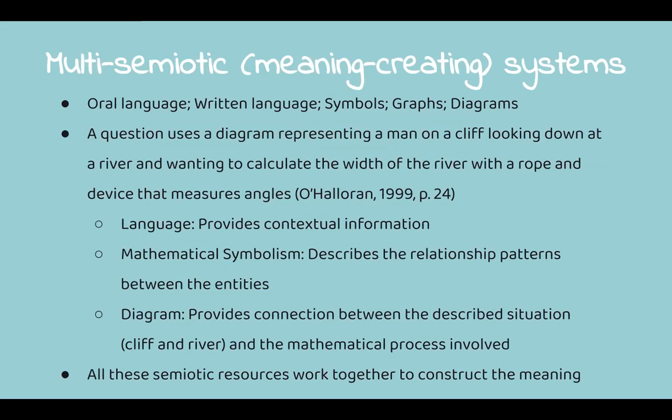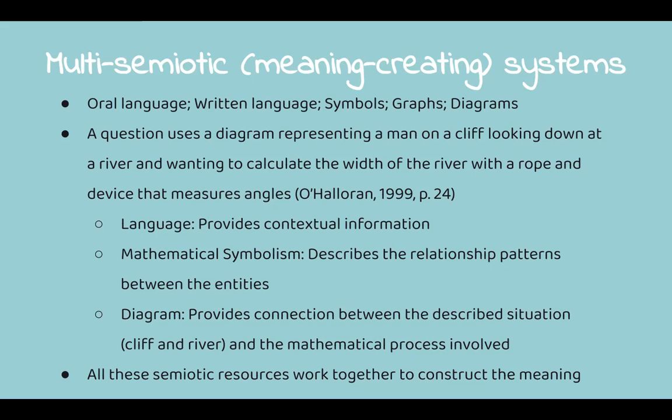To give an example, multiple semiotic systems are used in mathematics to construct knowledge. These semiotic systems include not only oral and written language, but also symbols, graphs, and diagrams. Features such as order, position, and relative size are also involved in mathematics.